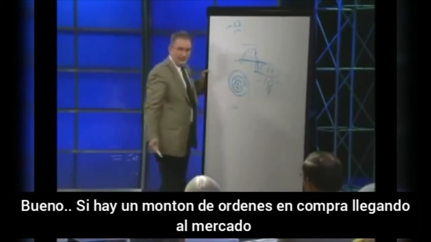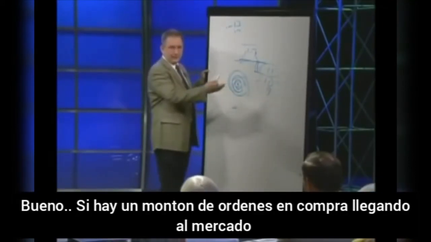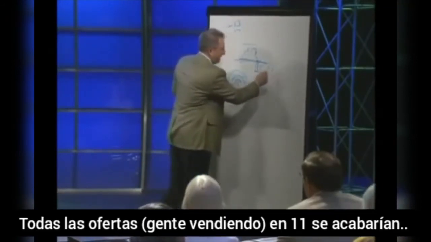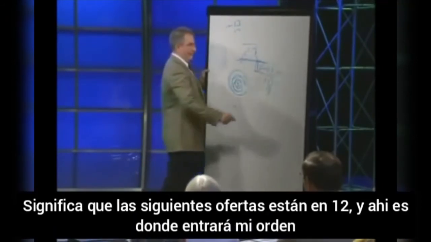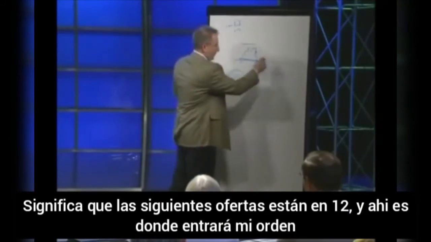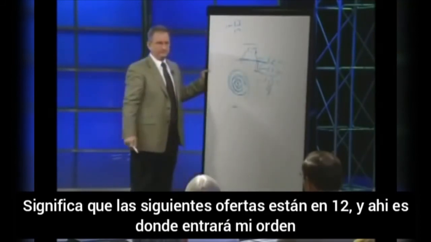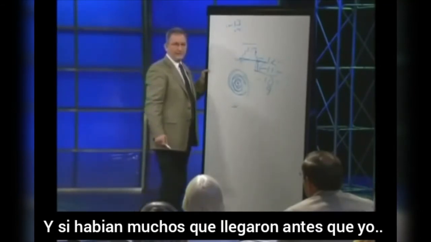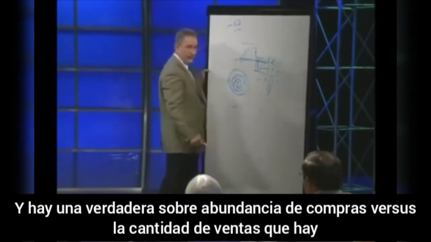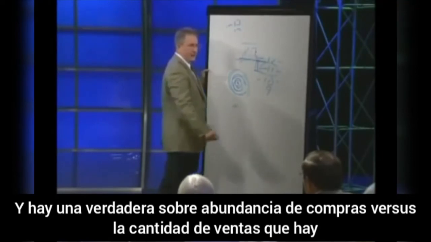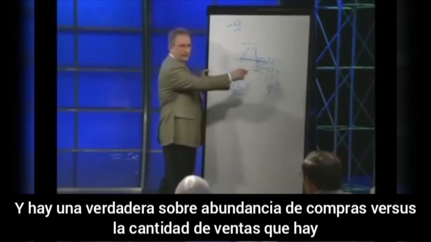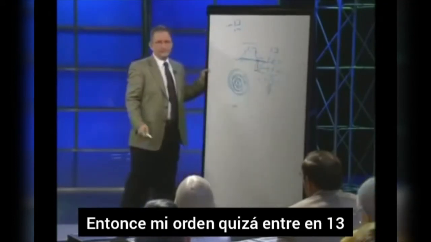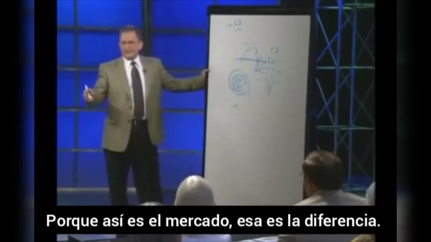Well, if there are so many market buy orders coming in that all the offers at 11 are taken out, then the next price up where there are offers is 12, and that's where I'm going to get filled. And if there's an overabundance of buy orders in relationship to the number of offers that exist, then I might get filled at 13, because that's the market.